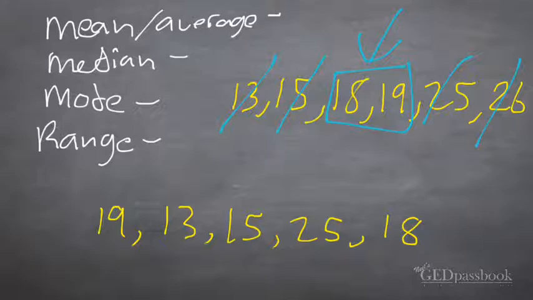So, do we remember how to find the mean? How do we find the mean? Adding and then dividing by the amount of numbers, right? In this case, all I have is 18 and 19, right? So you find the mean of these. What's 18 plus 19?